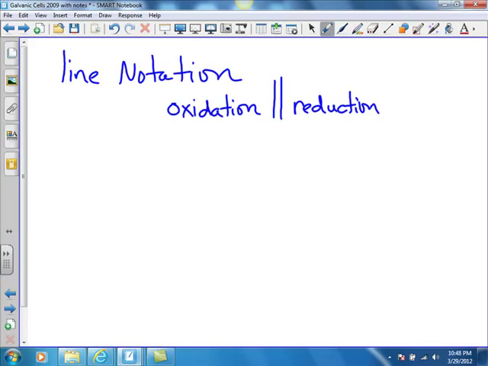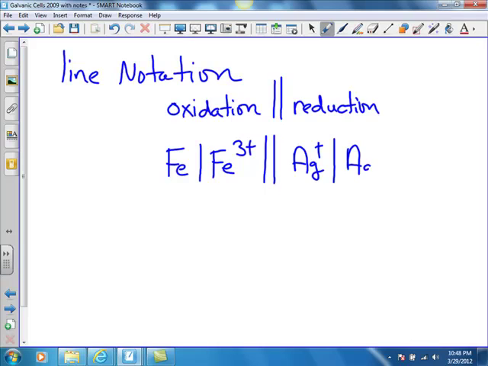So what happens in this is Fe goes to Fe3+. That is our first half cell. And then the Ag+ ions pick up the electrons and become Ag. So that is the line notation, and you can see the line notation pretty much shows you what's happening.